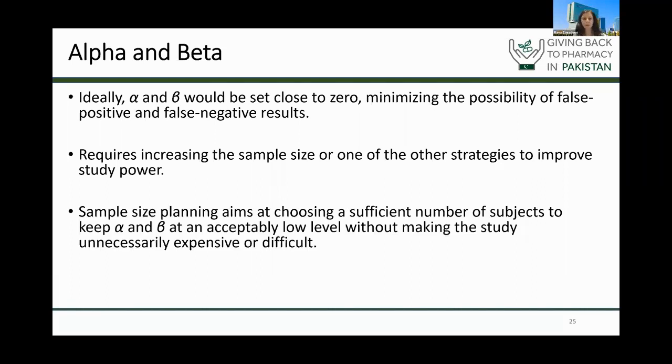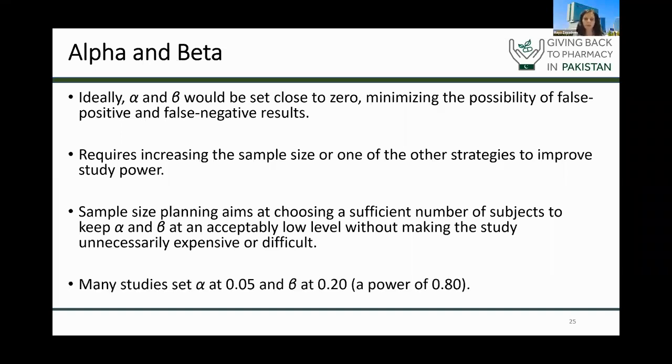Sample size planning aims at choosing a sufficient number of subjects to keep the alpha and beta at an acceptably low level without making the study unnecessarily expensive or difficult. And as I said, a power of 80% or 90%, and an alpha of 5% is usually what most studies in the literature go by.